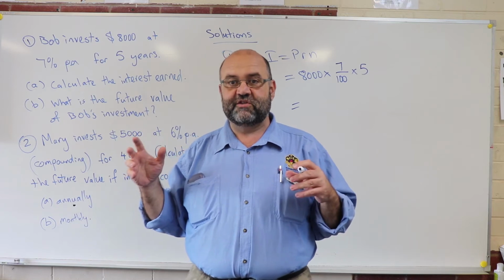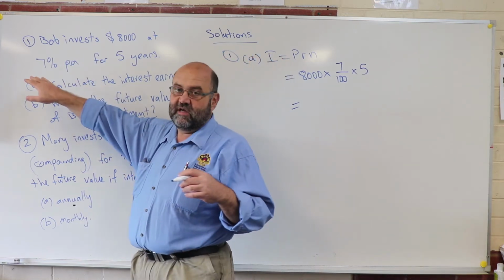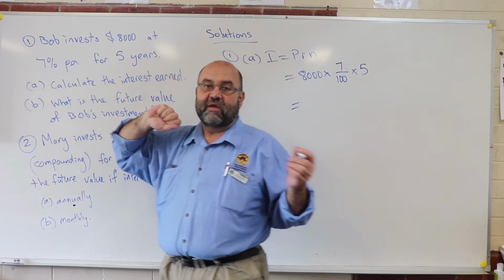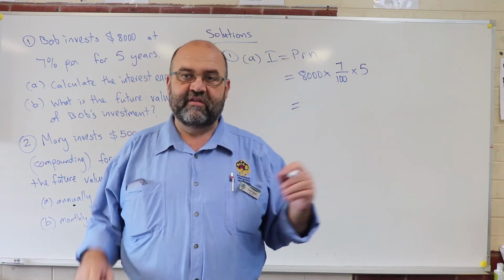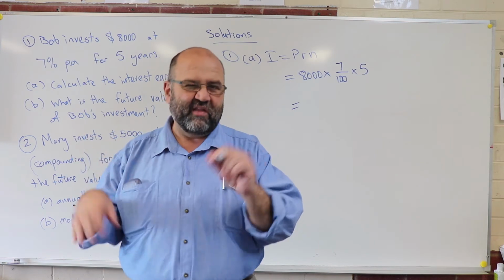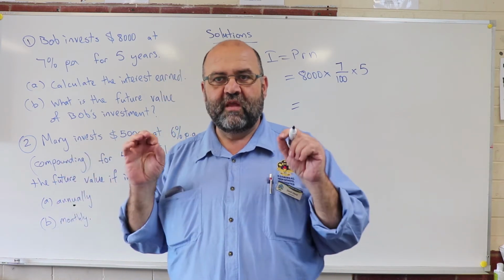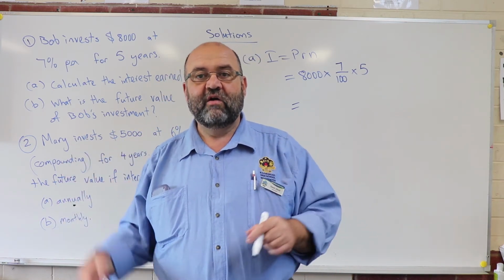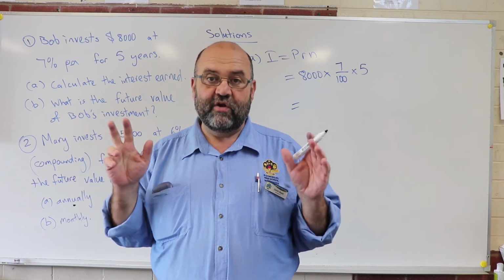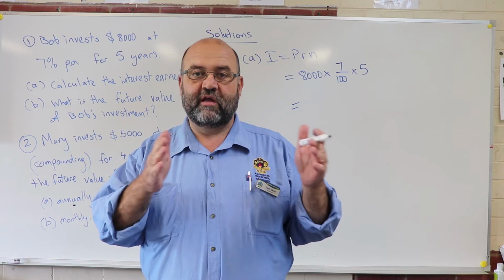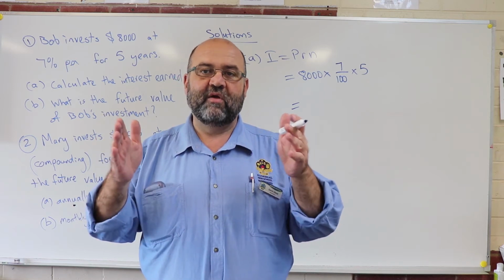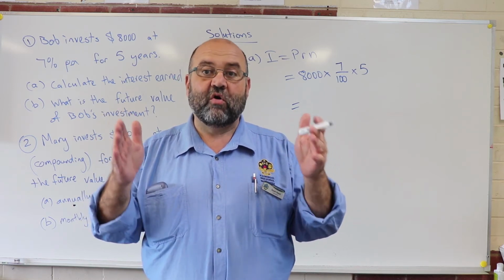We would either need to change 7% per annum into a monthly rate, or change 5 months into a number of years. So it's really important, and we're going to see how that works in our next example, that for now, N and R agree with one another. They're both talking about the same kinds of periods.